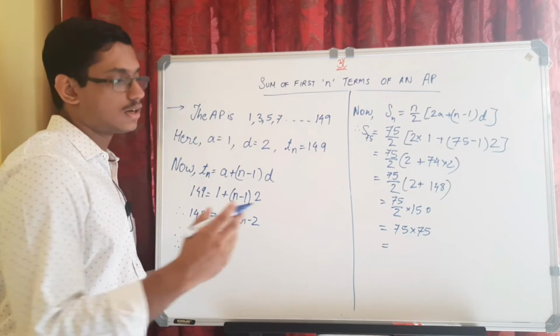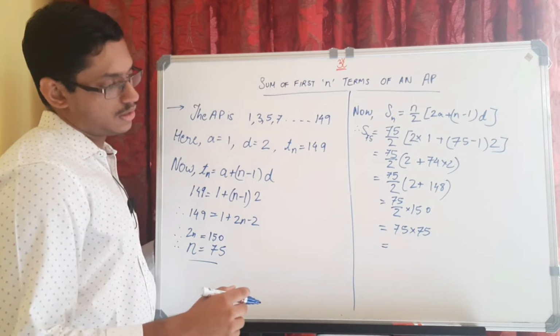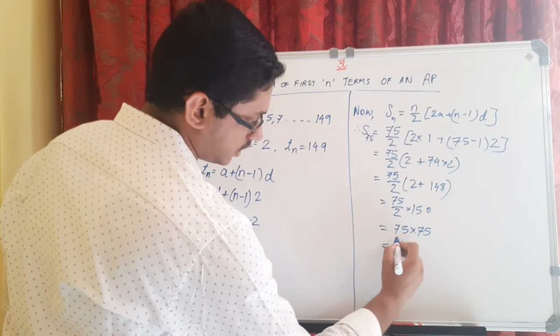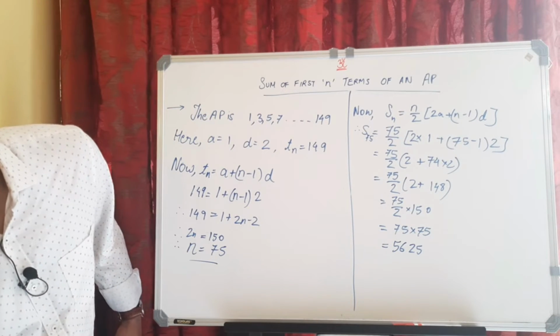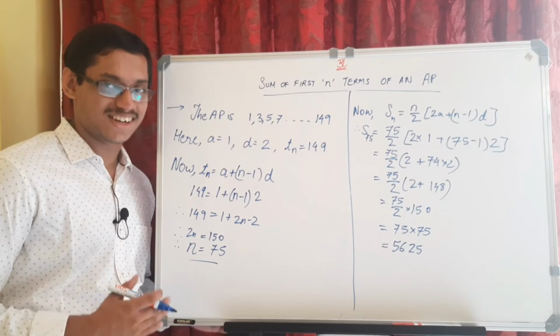You can calculate in the rough column also, and the answer, if you calculate, will turn out to be 5625. Let's see if it is the correct answer. It is the correct answer.